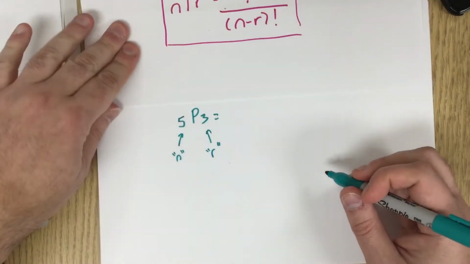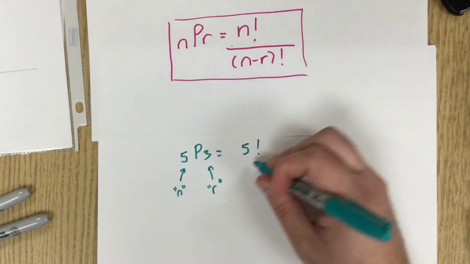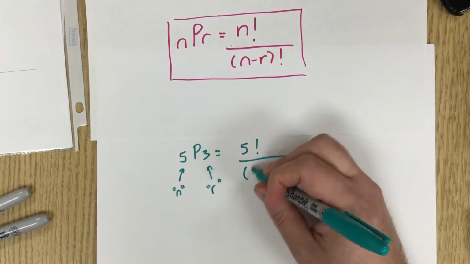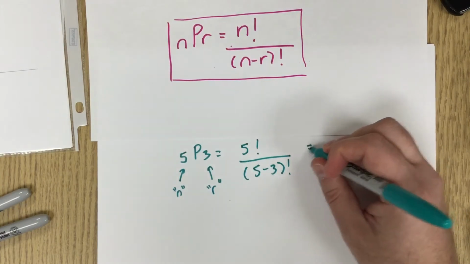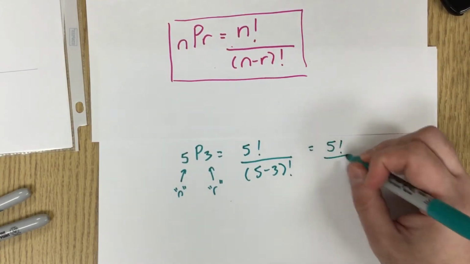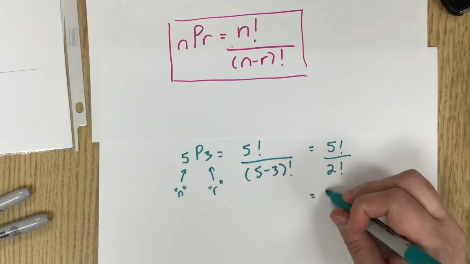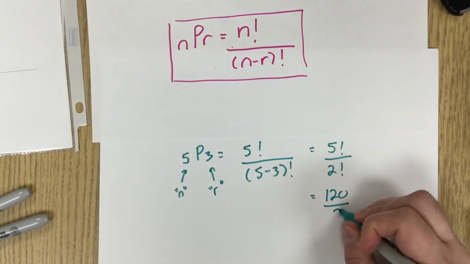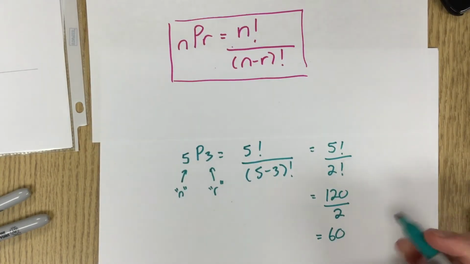With that formula, it's equal to 5 factorial divided by (5 minus 3) factorial, which is 5 factorial over 2 factorial, which is 120 over 2, which is 60. So 5 pick 3 is 60.